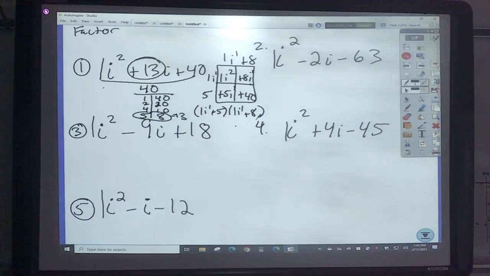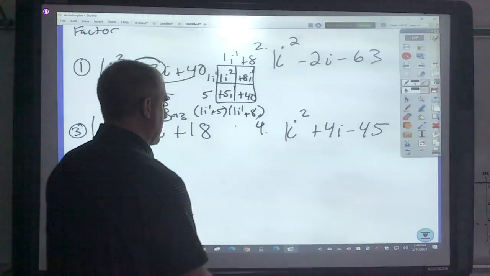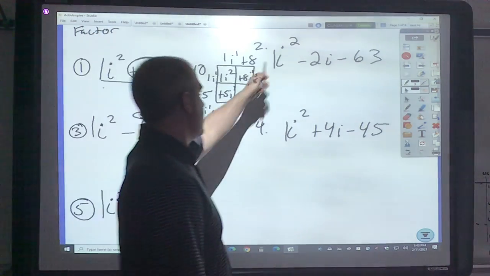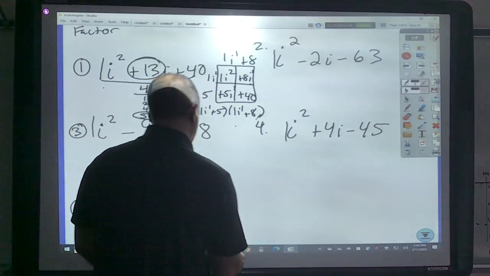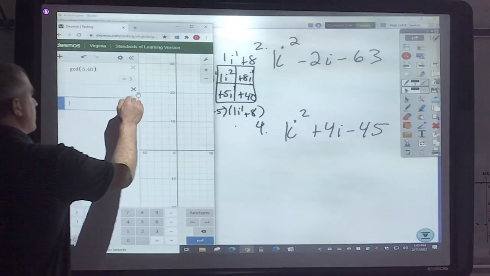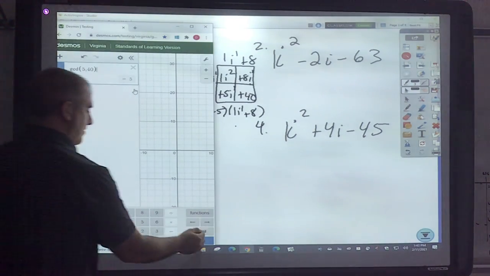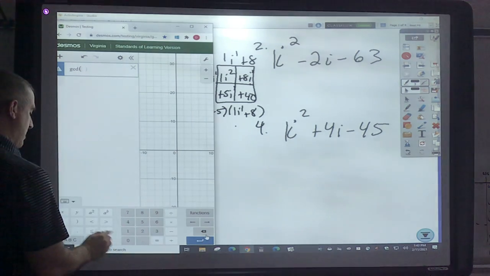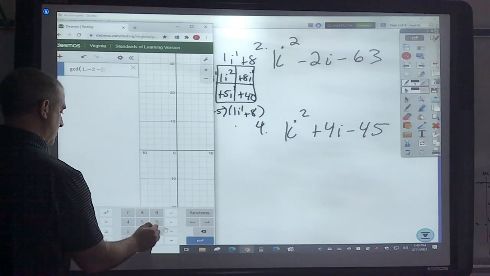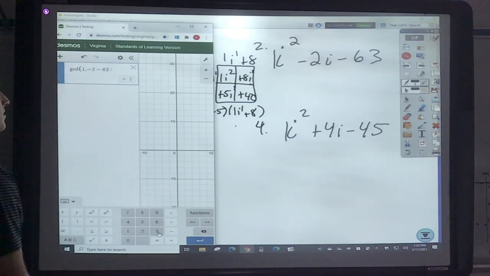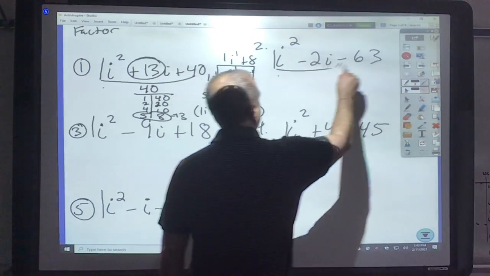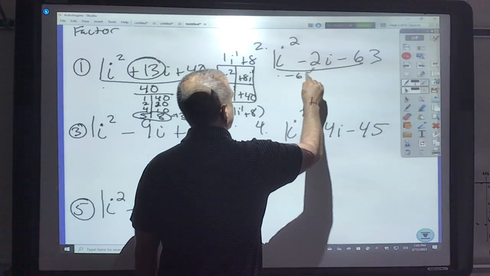Now, all the same rules with negatives. In the interest of saving time in the video, I would type this in. I'll do it one more time. I'll check the GCF. You should do that on every single one. So I would have 1, -2, and -63. Same thing, it's going to be 1. 1 times -63 would be -63.